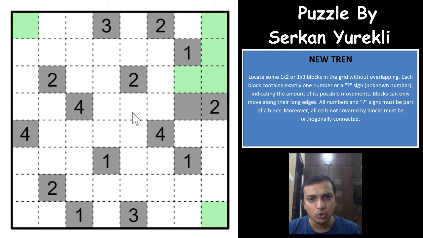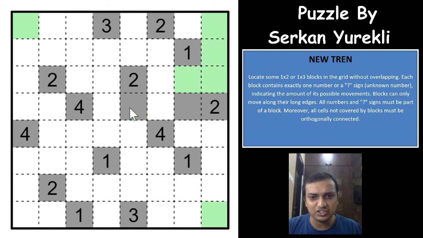And whenever you have such things, this is one of the really good techniques, a very good trick. Whenever you have a block, a direction of the block fulfilled, so for the 2 the direction is this way, right? And you need 2 steps. So the block can still be 1 into 2 or 1 into 3, but whatever be the case, this cell would have to be unshaded because the number of movements for this car will have to be fulfilled when you have this as an unshaded cell.